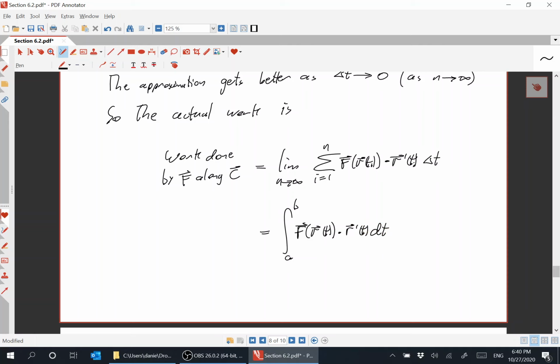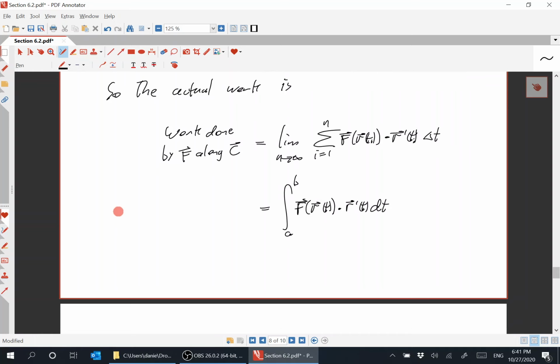Again, we made no specific reference to r itself and how r represents C. We just said that r does represent C. And so no matter how you pick r, if you have two different versions of r representing the same C, the integral will come out to be the same, even though the integrals are different, just like with the scalar line integral.